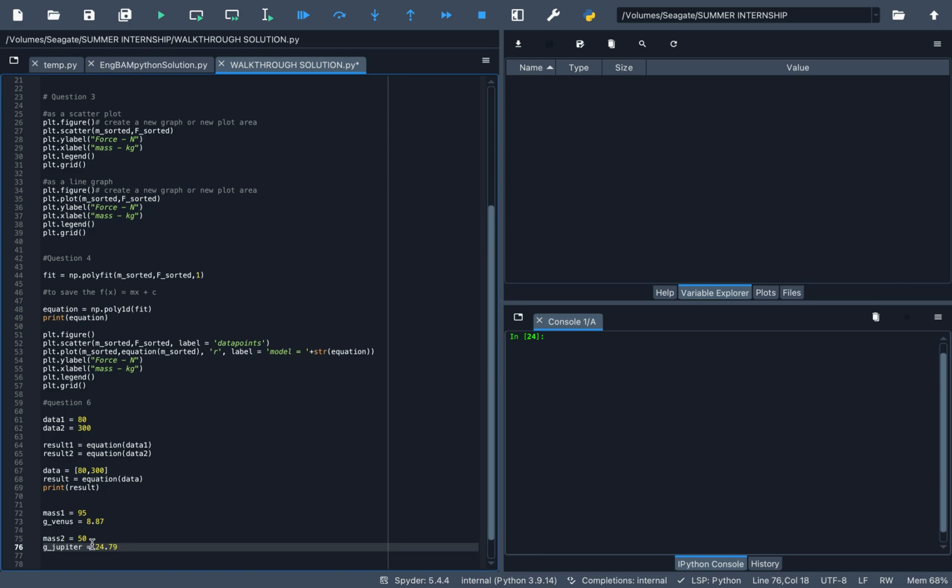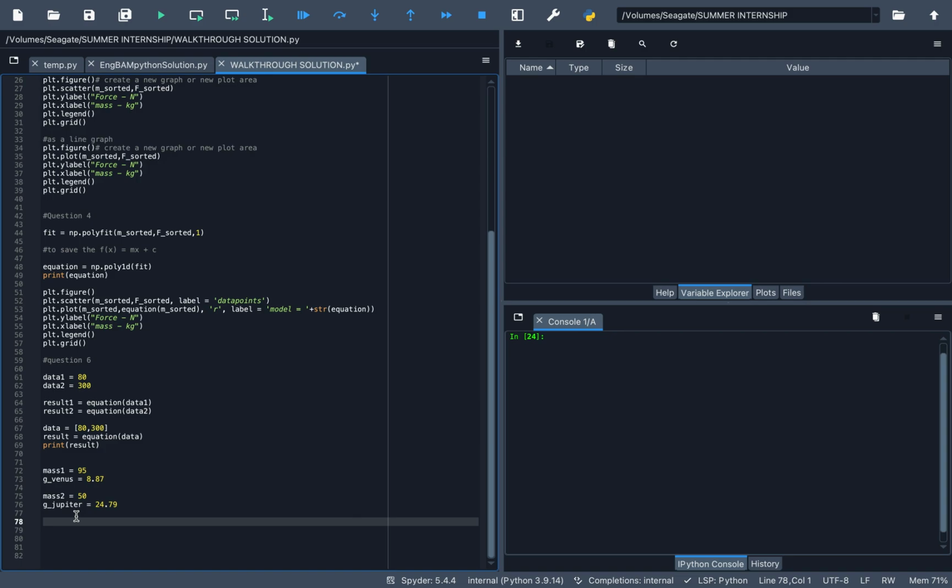So what the question is trying to keep you thinking of is equation 1, which is Fg equals m multiplied by g. Like I said in the last video, it's a theoretical equation that has been proven to be right regardless of what planet you're on. All you need to change is the gravitational constant so that you match the gravitational constant on that planet for the equation to work.